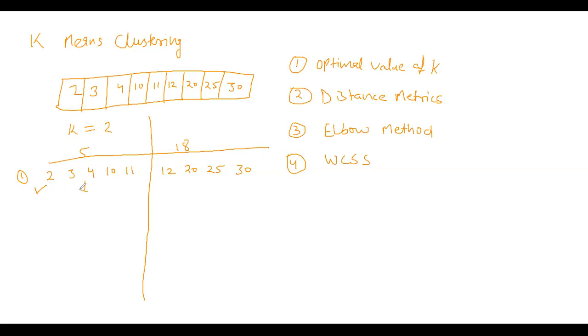Now the next step is to take the mean value of each cluster, which comes out to be 6 for the first and 21.75 for the second. The initial centroid value was 5, now it has changed to 6. So in the second iteration, you change your centroid value from 5 to 6 and repeat the iteration once again.